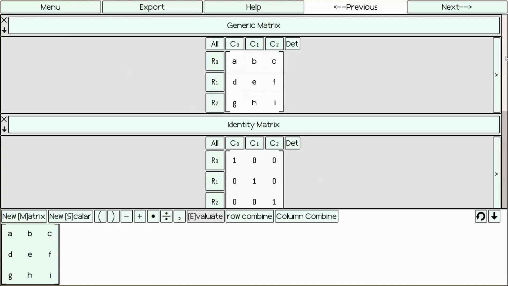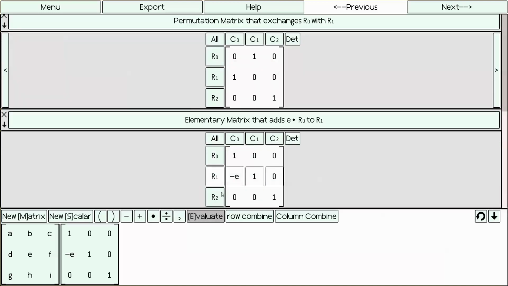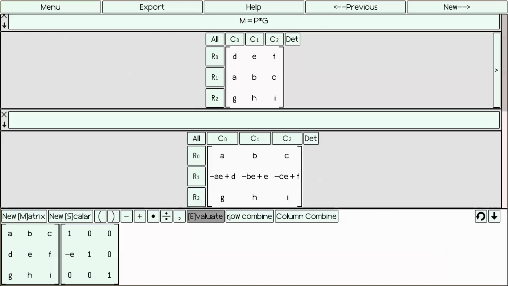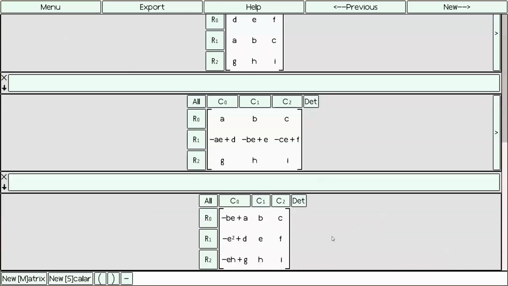Let's see what happens if we multiply using the generic matrix first, and then the elementary matrix. Let's go over here and evaluate. So if we do it the other way, then it appears to add the scalar E times column 1 to column 0.